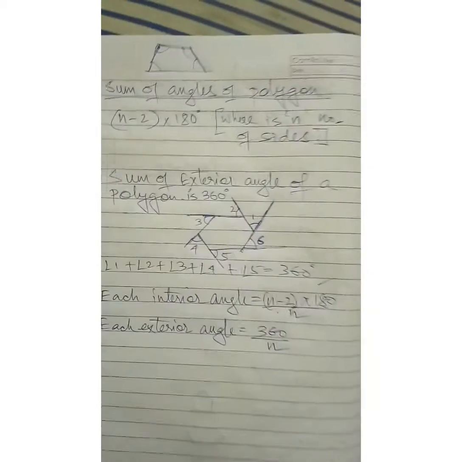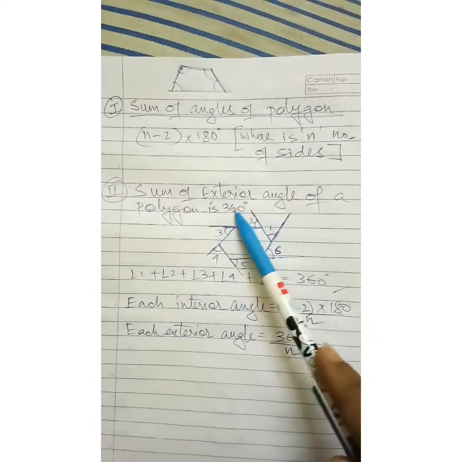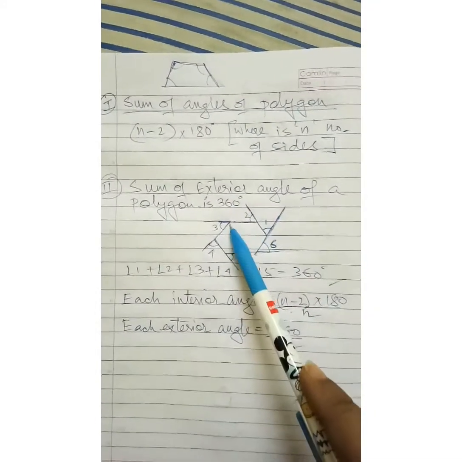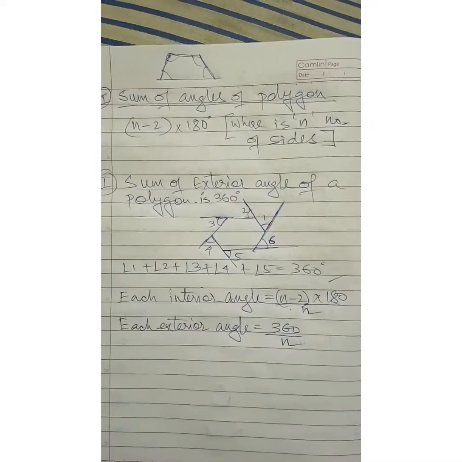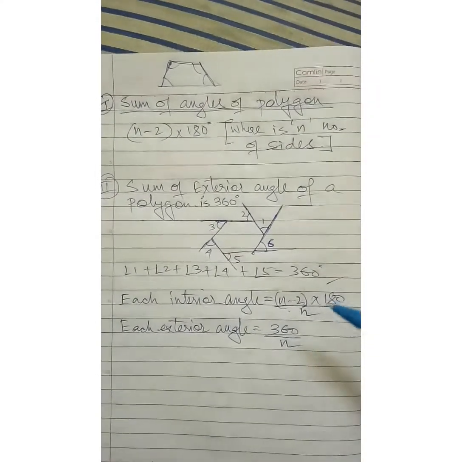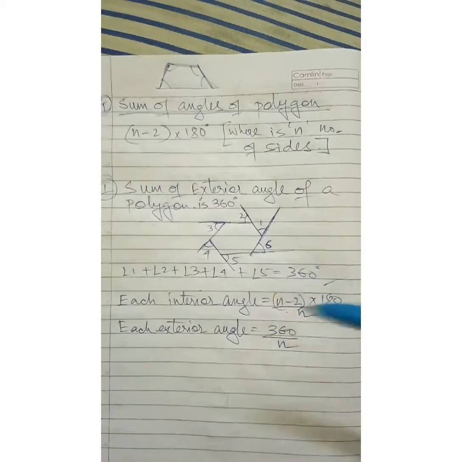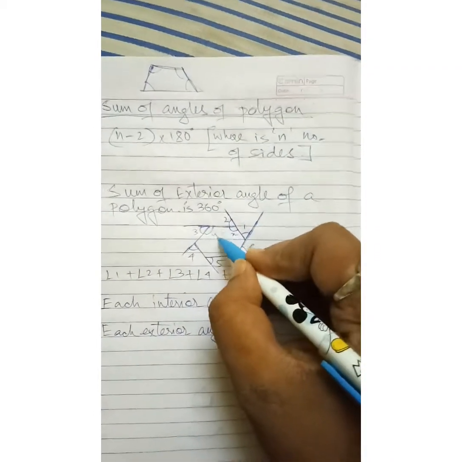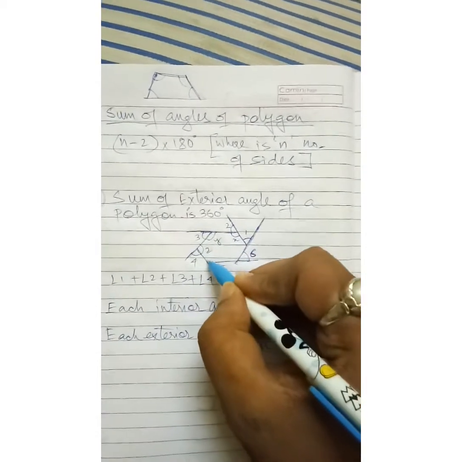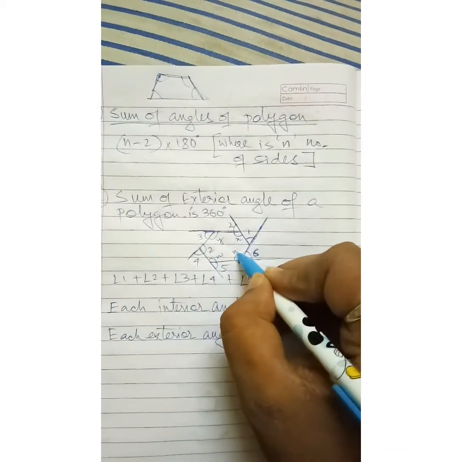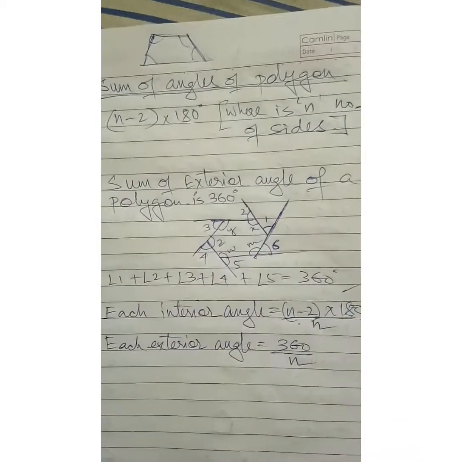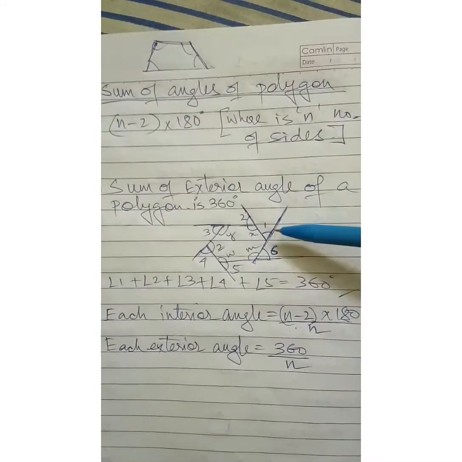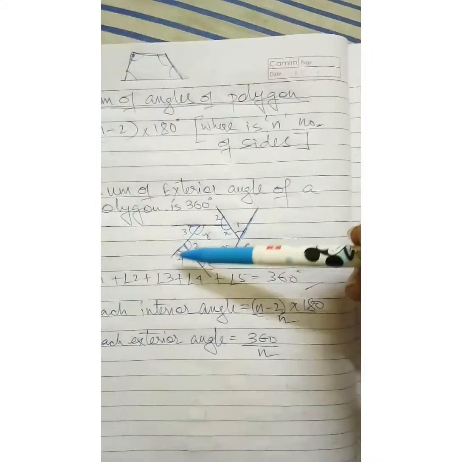Next we come to the sum of the exterior angles of a polygon. Exterior means the outside angle, not the interior. In the figure I have drawn, x, y, z, w, m are the interior angles, but the exterior angles are these: 1, 2, 3, 4, 5, 6.